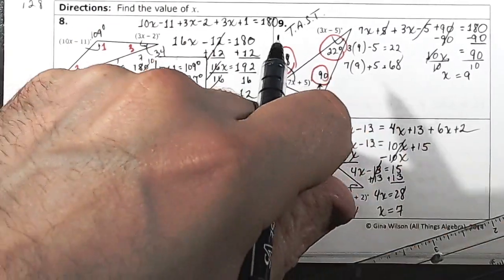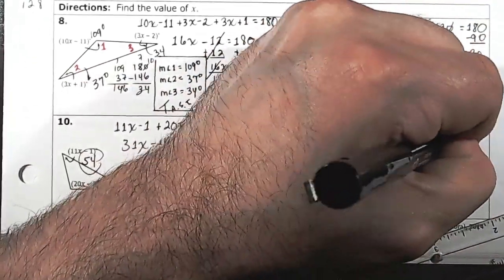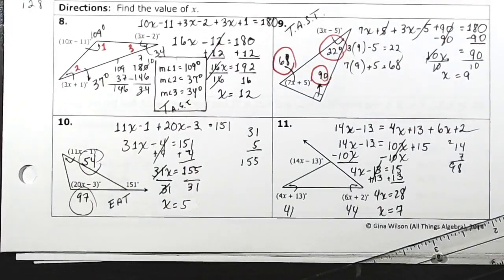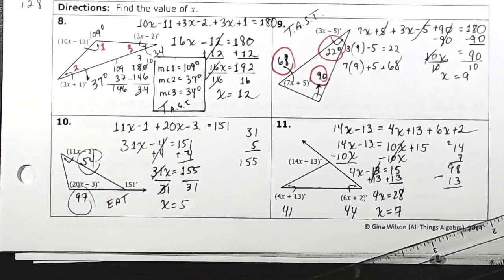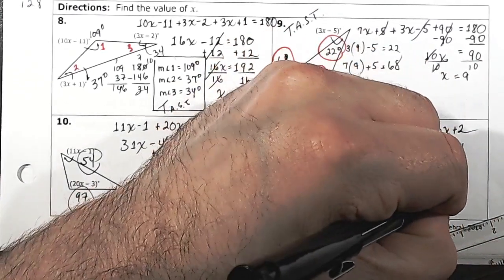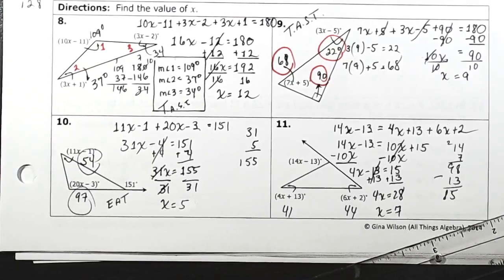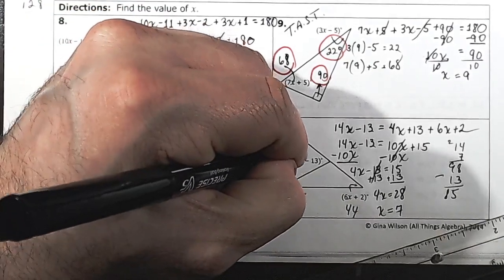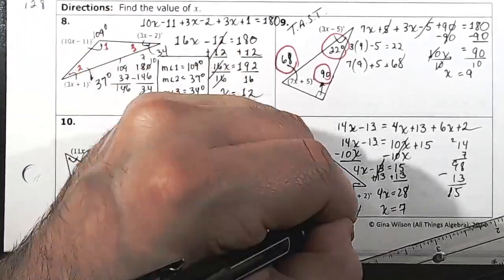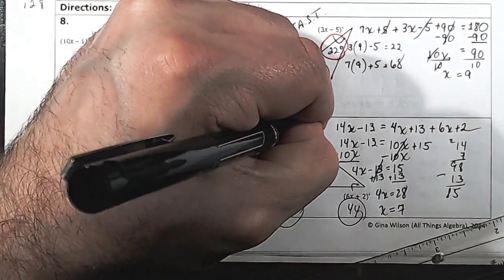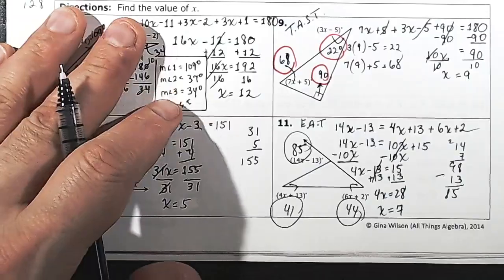I just want to do it to make sure that we're right. 14 times 7 is 98 minus 13. Let's make sure that that comes up to 85. It does. Okay, so this is 85. And these three angles were solved using the exterior angle theorem. It's not that bad, really.